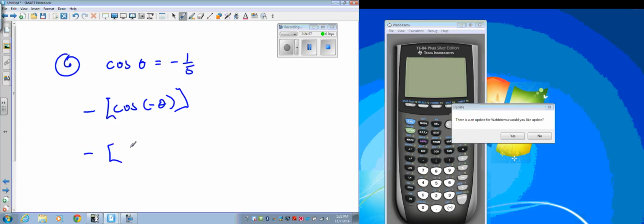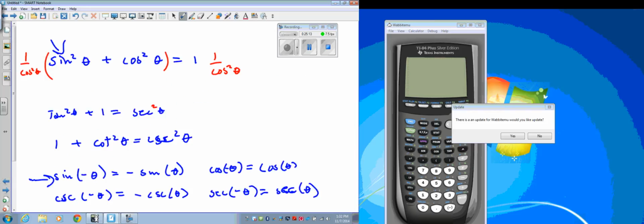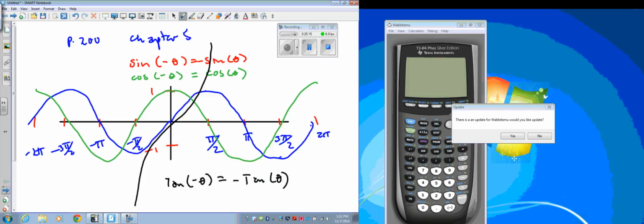is equal to a cosine of theta, right? Because these don't change.